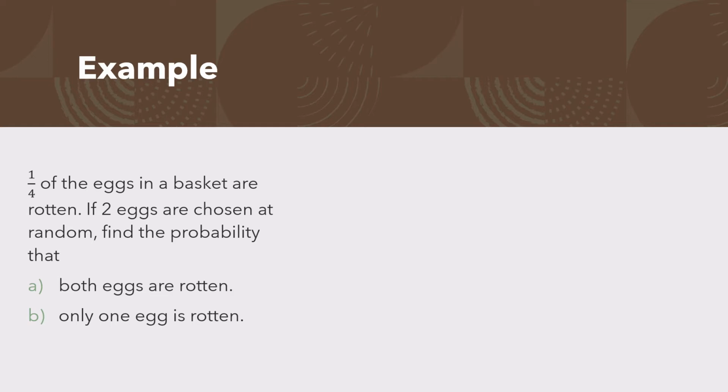The probability of getting a rotten egg is 1 over 4. If we pick 2 eggs, the number of trials is 2. To find the probability that both eggs are rotten, the success in this case is getting a rotten egg.